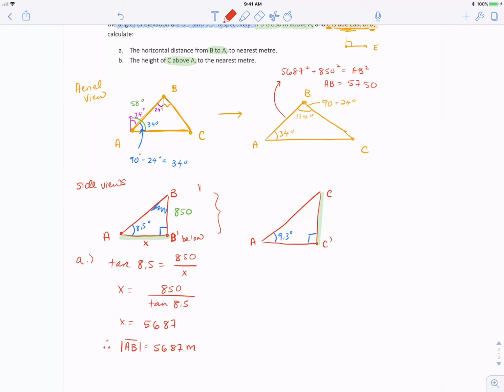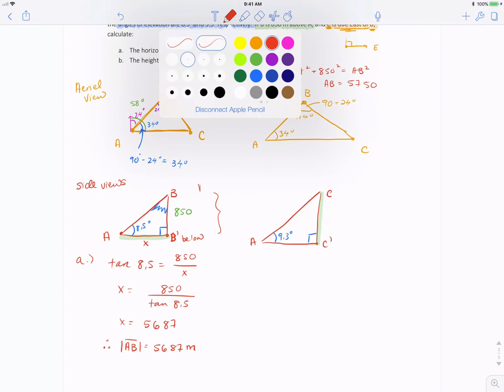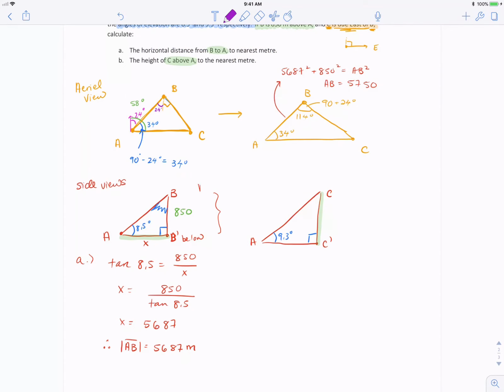If I wanted to solve for my length BC, I can do that from the diagram above. Remember, the only way I can solve for length AC would be to have one more side length. So from aerial view, I'm going to use sine law.